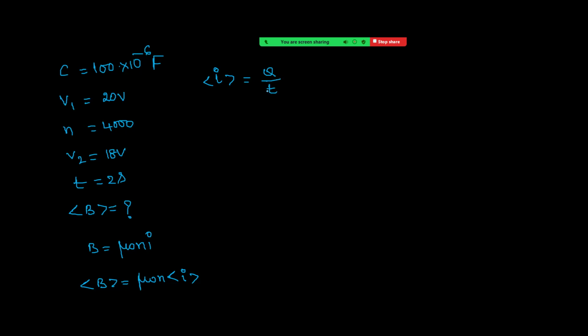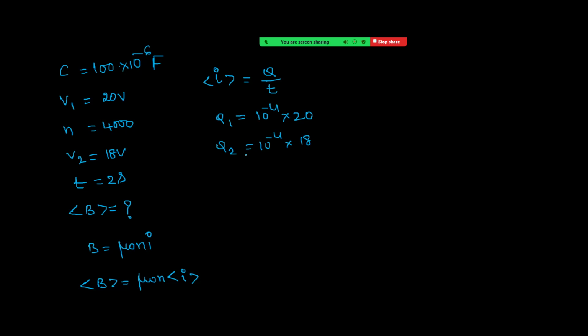So Q by t. Initially the charge on the capacitor was Q1 equals C into V1. This value is 10 power minus 4 into 20, the initial value. The final value is 10 power minus 4 into 18.